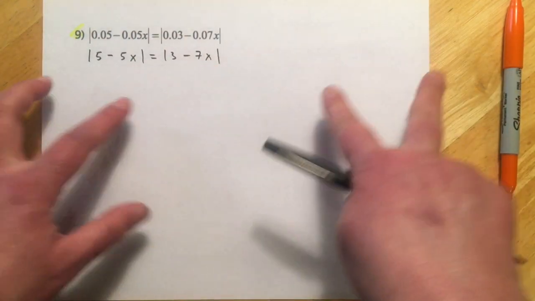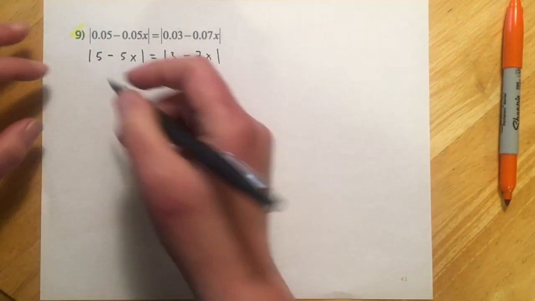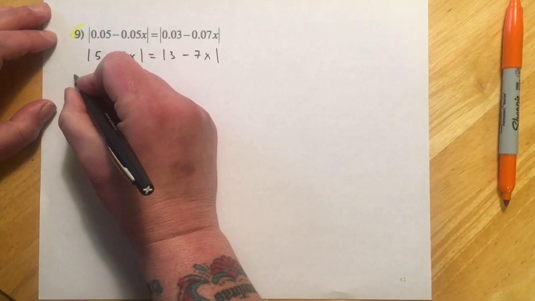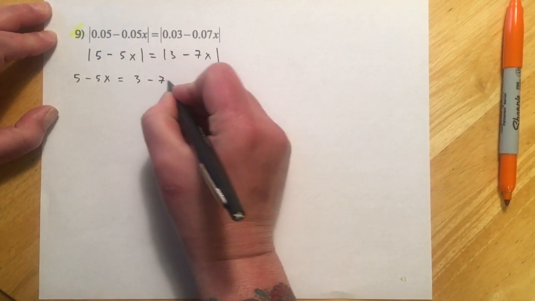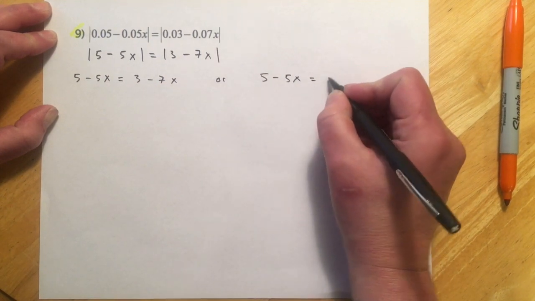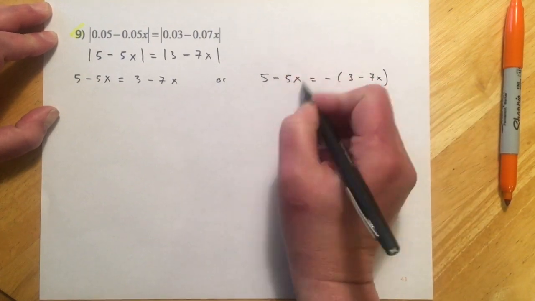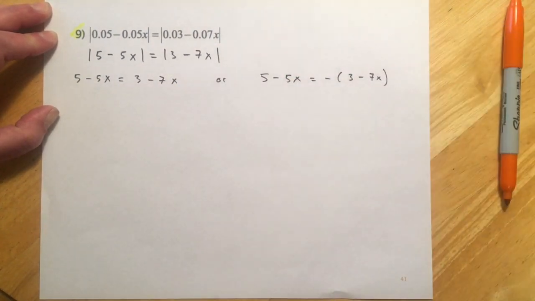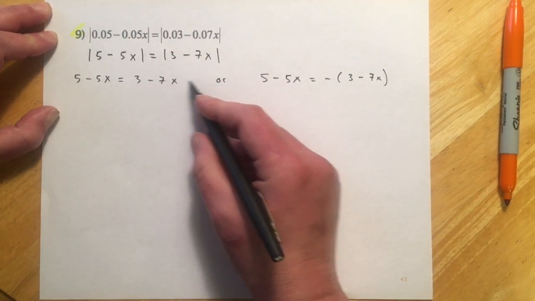So I'm just doing it at the start so I don't have to write it all out. Then we set up the 2 equations and see where it goes. So 5 minus 5x equals 3 minus 7x, or 5 minus 5x equals the negative of 3 minus 7x. I could also negate this side. It's just my habit to do it on the right-hand side because of the way the ones with the numbers run.